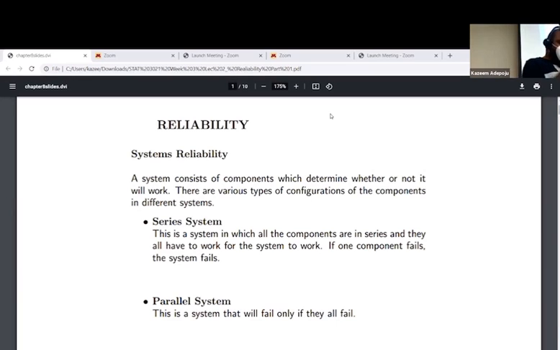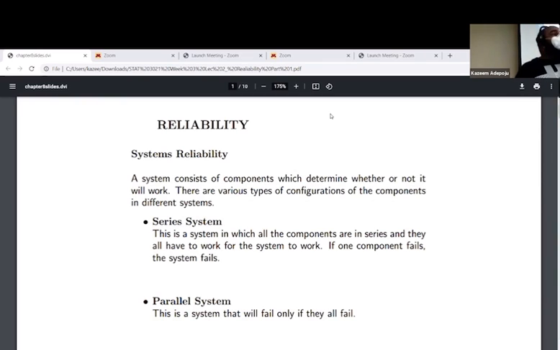Now, I want us to look at the series system and the parallel system. If we want to figure out the probability of reliability based on these two systems, then we're going to use two types of events that we have done before. Let's start with the series. If I want to find the probability of reliability for series, of course, I'm going to use the idea of independence.